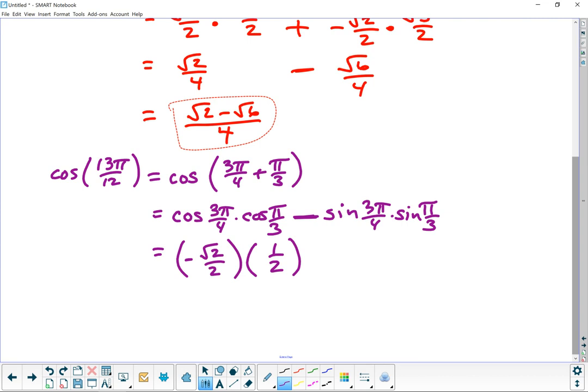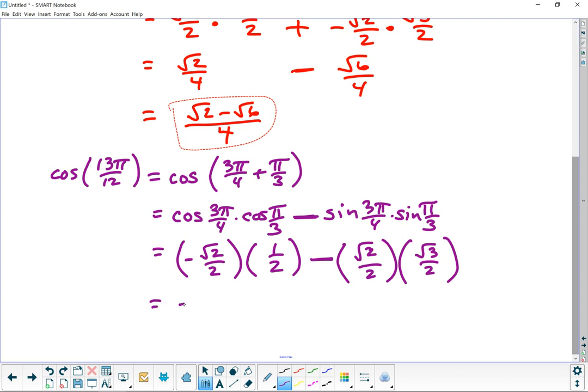Again, if you want to do it yourself without me ruining it, pause it. Sine of 3 pi over 4 is going to be radical 2 over 2. And sine of pi over 3 is going to be radical 3 over 2.